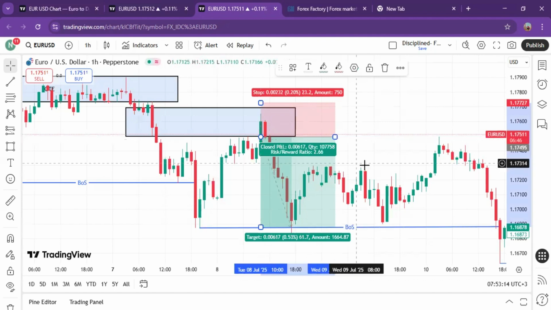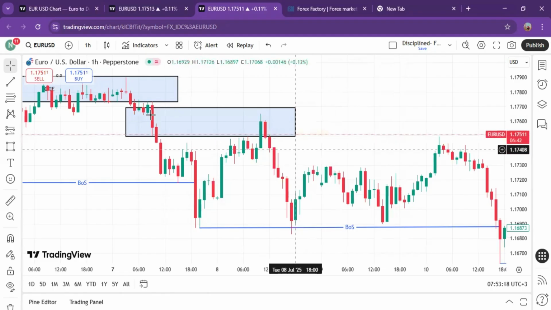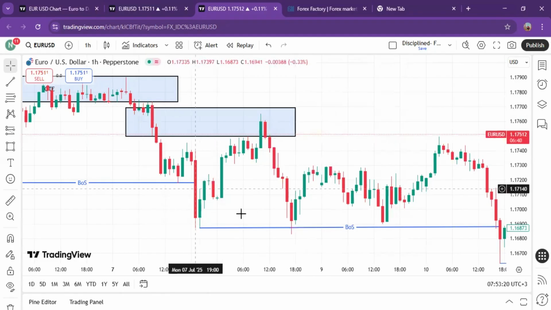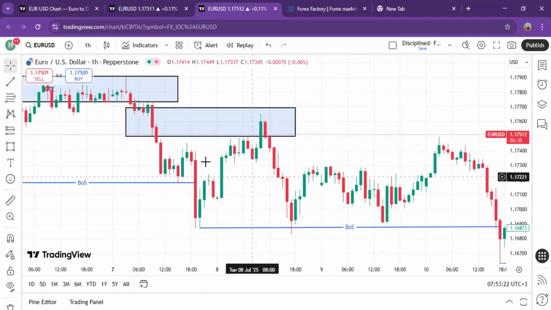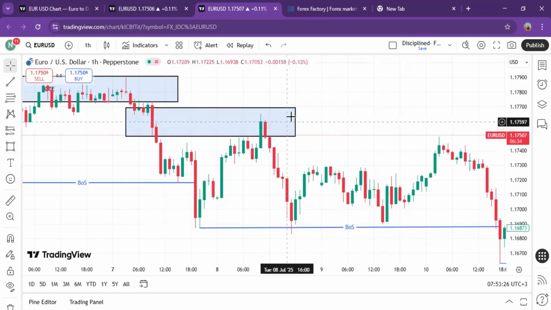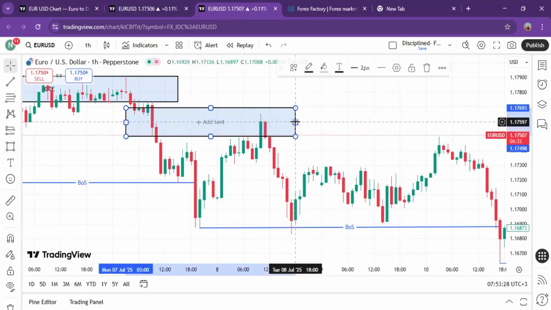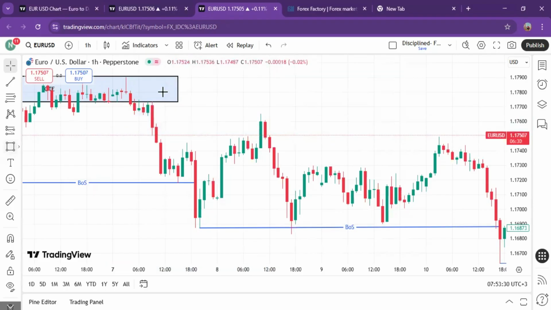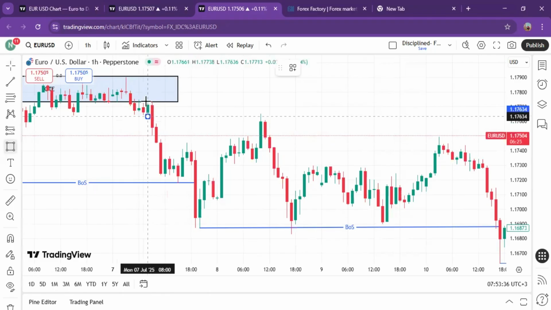So it depends on your entry model. Again, when the market is making the break of structures, you can find better zones, that is demand zones, for you to enter into the market. Like we have this example here. We have this bullish candlestick. You mark it.